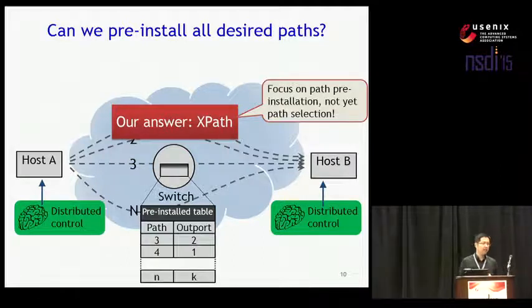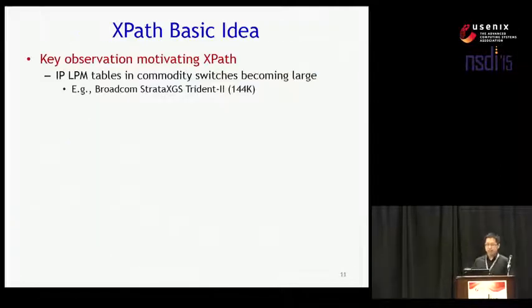Next, we talk about the XPath basic idea. The key observation that motivates the XPath design is that the IP LPM table, the longest prefix matching table, in existing commodity switches is becoming very large. For example, the Broadcom Trident 2, a commodity switch chip, can support a 144K IP LPM table.